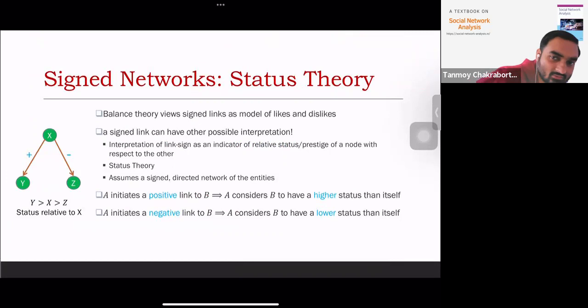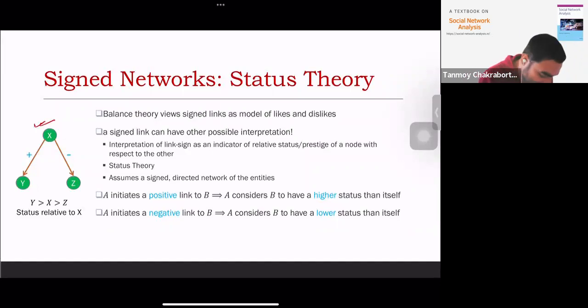Now let's look at status theory. Balance theory essentially views the edge sign between two nodes as an indication of friend or enemy. Status theory views the edge sign as an indicator of the relative status or prestige of a node with respect to another node. What do I mean by this? Look at this structure here.